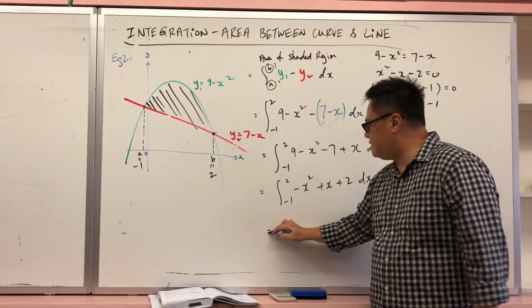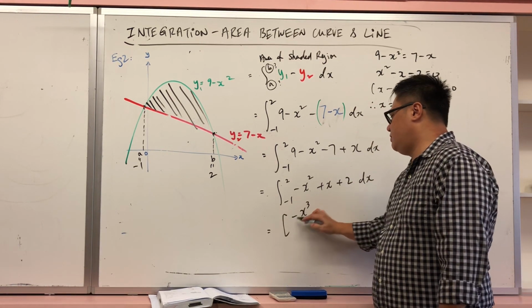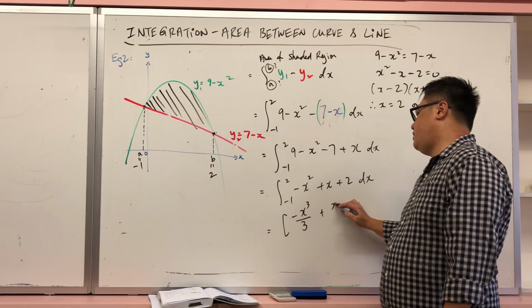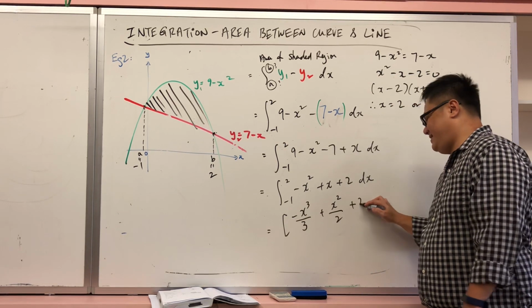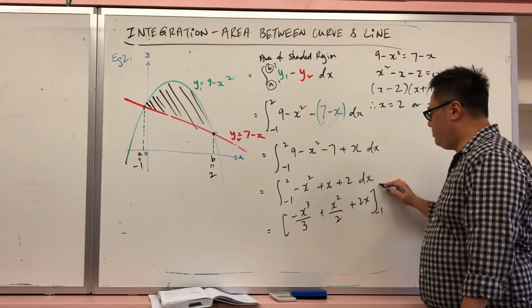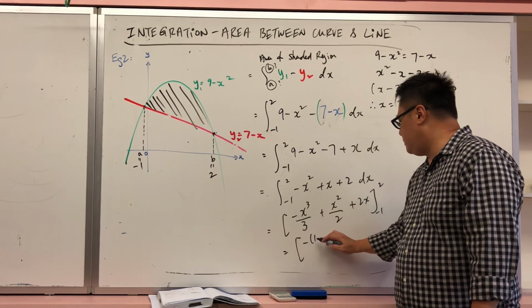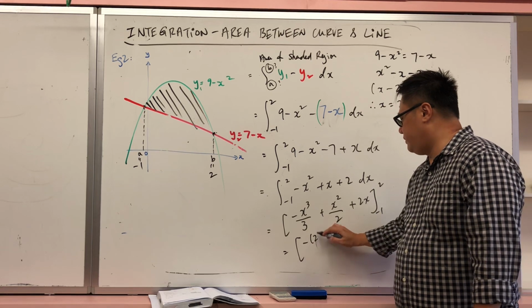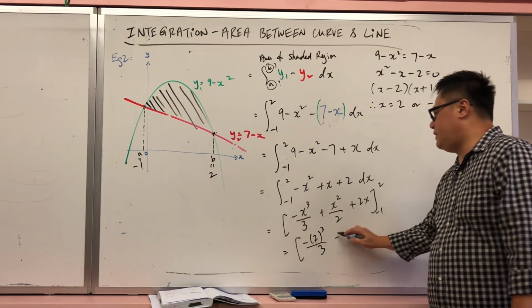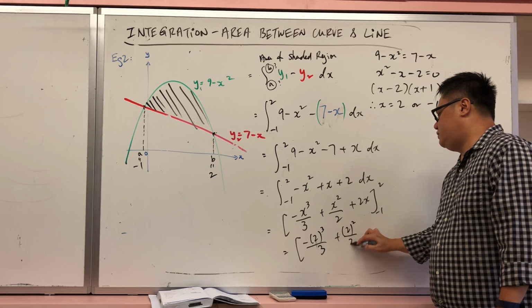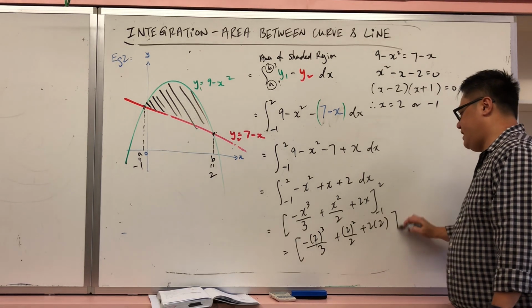So integrate this, we will have negative x cubed over 3 plus x squared over 2 plus 2x, within negative 1 to 2. Plug in your numbers accordingly. So negative 2 cubed over 3 plus 2 squared over 2 plus 2 times 2, and everything subtract.